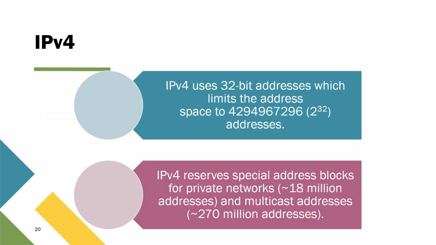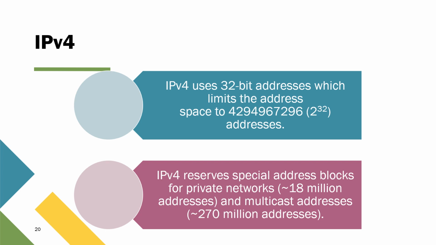So IPv4 will use 32-bit addresses, which limits the address space to 2 to the power of 32 addresses. Due to this, only around 4 billion addresses can be generated by using the IPv4.